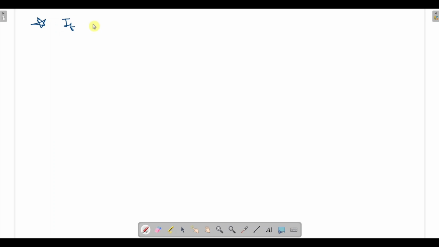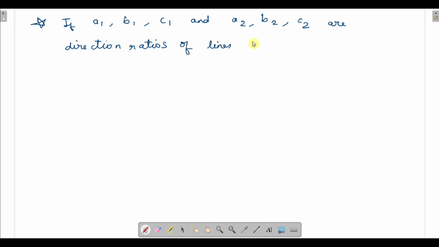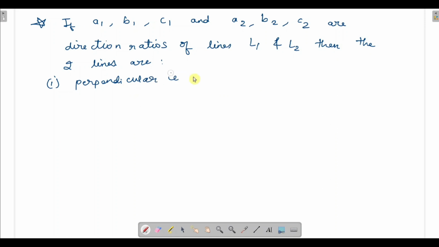Okay, so if A1 B1 C1 and A2 B2 C2 are direction ratios of lines L1 and L2, then the two lines are, first, perpendicular, that means theta is equal to 90.